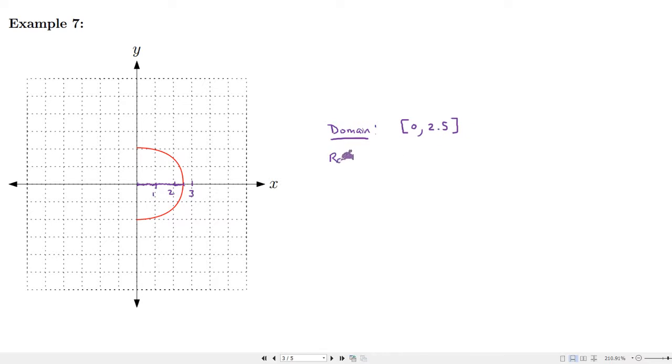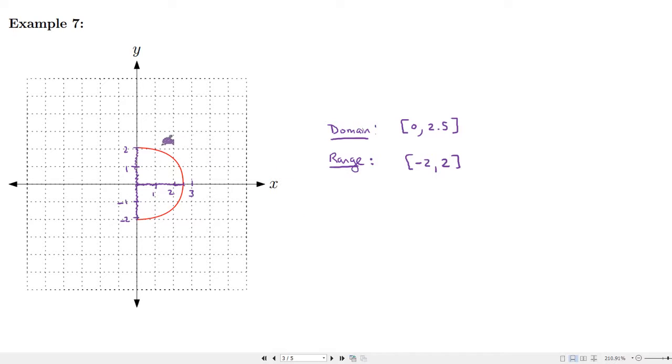And then the range: what are the second coordinates? The y values range between these two. It looks like that goes between -2 and 2, if those are indexed by 1 as well. Now, is that a function?